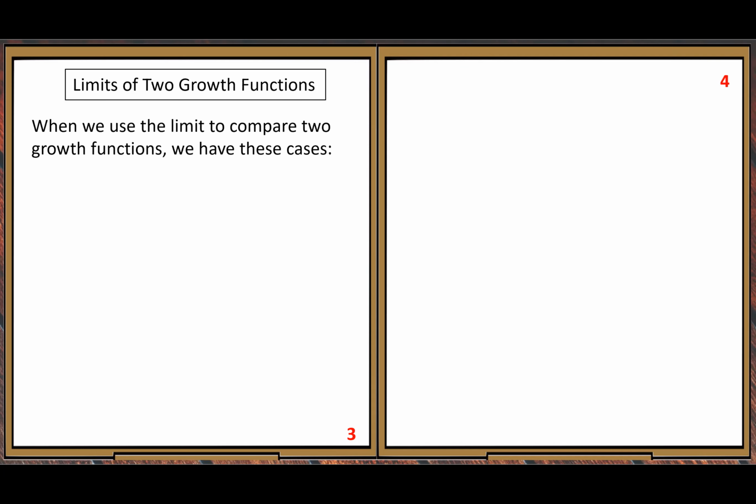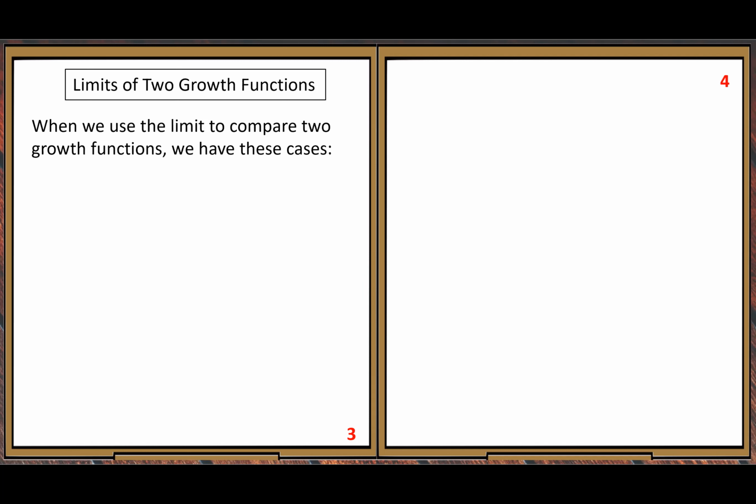Here we consider the general, very abstract case. When we use the limit to compare two growth functions, how many cases do we have? We want to look at all the possible cases for the limit value.